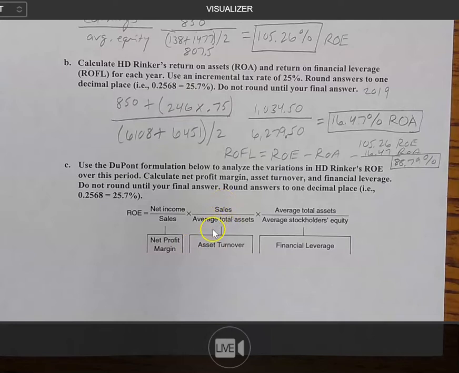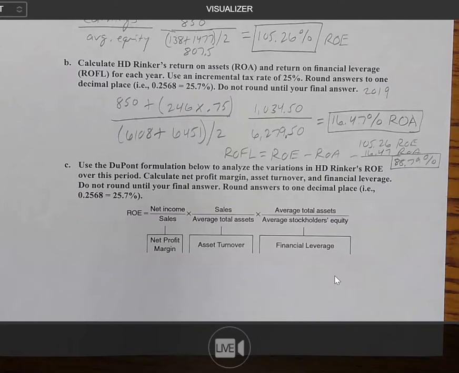Our asset turnover, sales over average total assets, and then we multiply that by average total assets over average stockholders' equity. We call this financial leverage. This is going to be a slightly different figure. Then we will come up with our DuPont measure for return on equity.